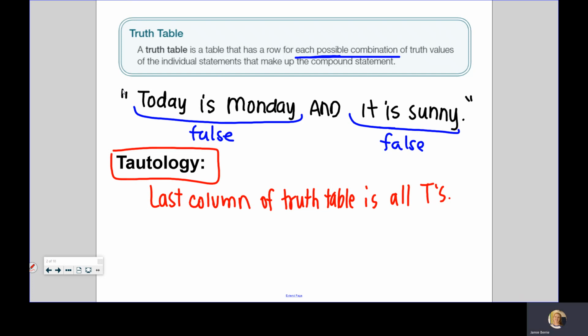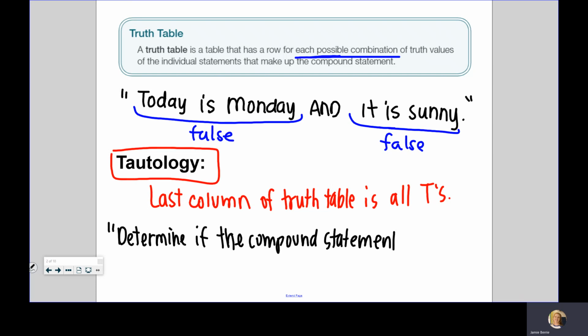But I wanted to bring up this word because you have some questions in the homework, maybe just one, that say something like, determine if the compound statement is a tautology. So I wanted you to know what that word meant.